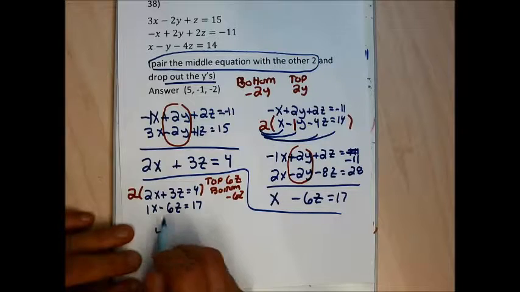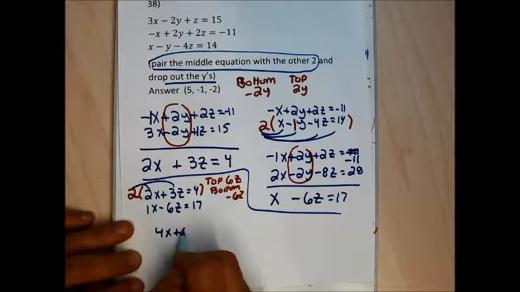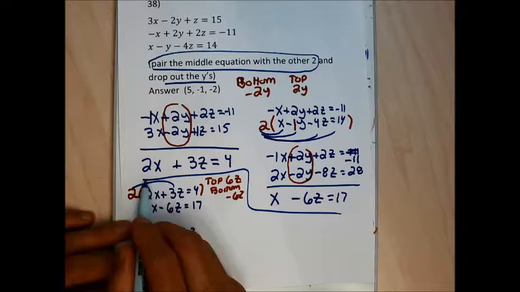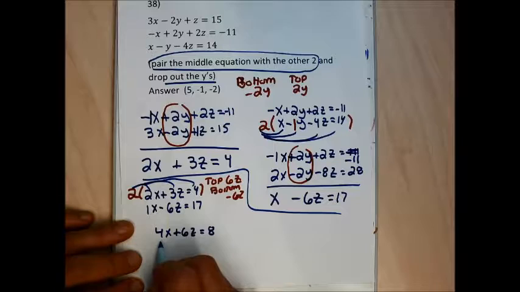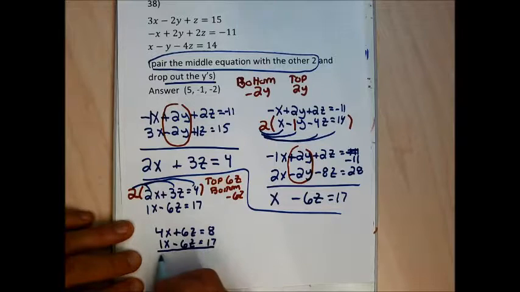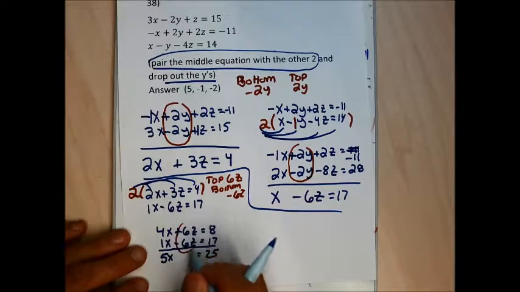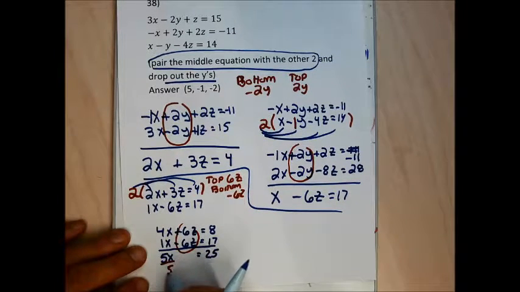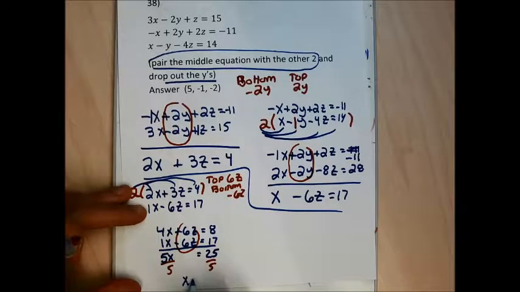It's going to give me 2 times 2x is 4x, 2 times 3z is plus 6z, 2 times 4 is 8, and make the bottom 1x minus 6z equals 17. This is going to give me 5x equals 25. The z's are going to cancel. I'm going to divide by 5, and get for an answer x equal to 5.